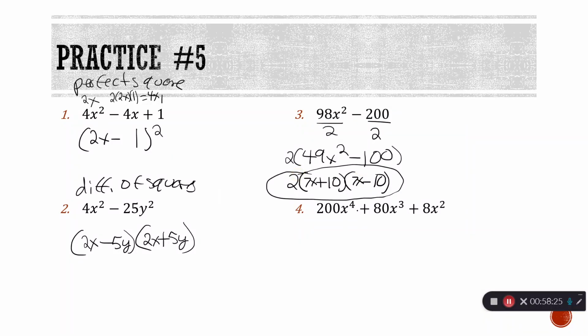Okay, now if you figured out that you have to pull something out to make it easier, pull it out, because we don't have perfect squares. 200 isn't a perfect square, 8 isn't. So what can I pull out to make the perfect squares? And hint, you might want to do something with your x's too.